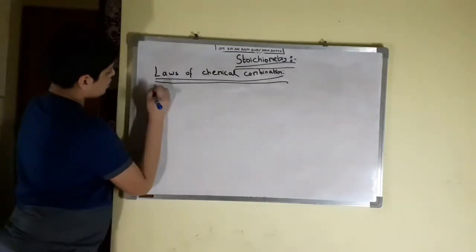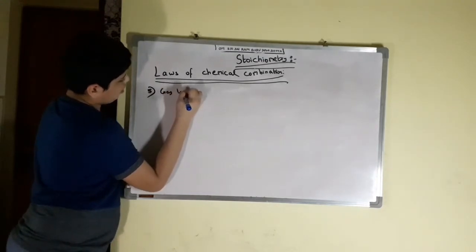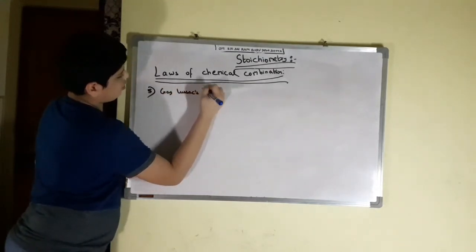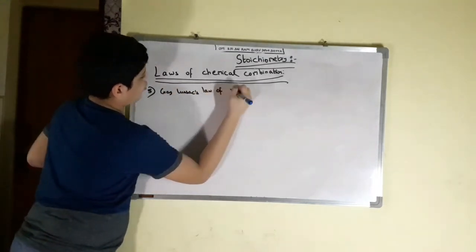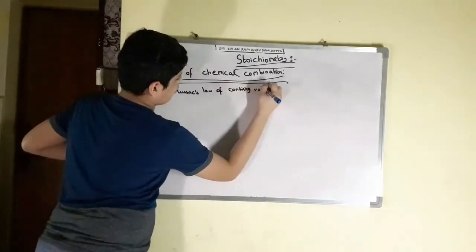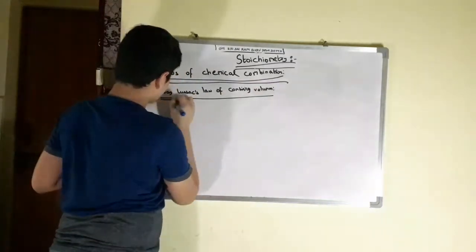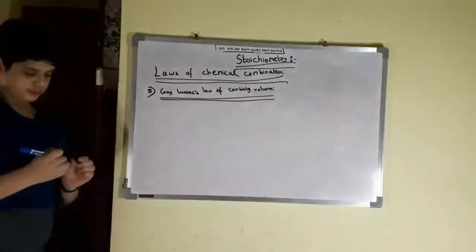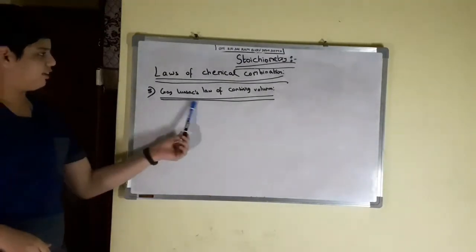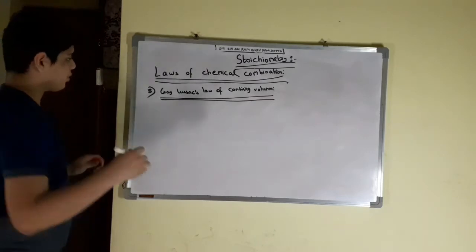Okay. The fifth law is Gay-Lussac's law of combining volumes. So this was proposed by Gay-Lussac. It is given in the heading itself.